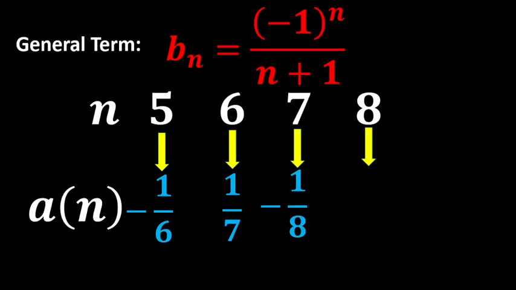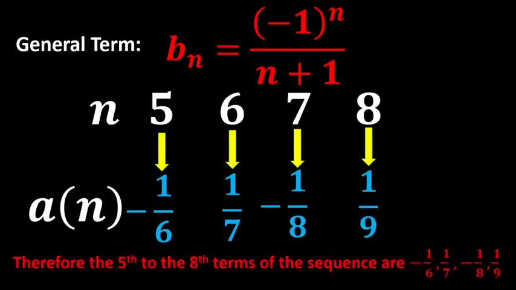And the 8th term is 1 over 9. Therefore, the 5th to 8th terms of the sequence are negative 1 over 6, positive 1 over 7, negative 1 over 8, and positive 1 over 9. So, ganun lang siya. Nasundan nyo ba?